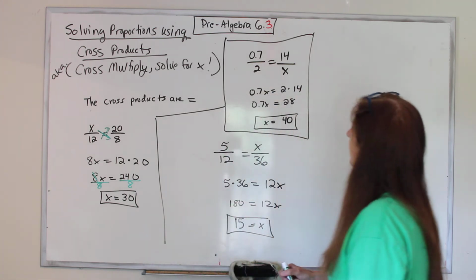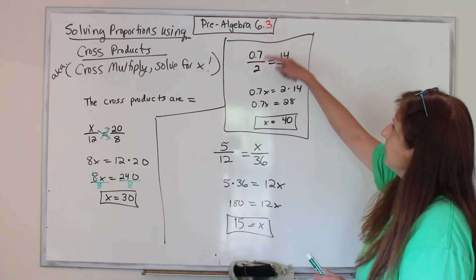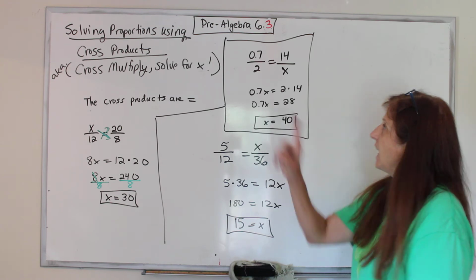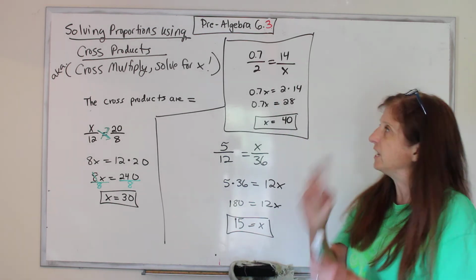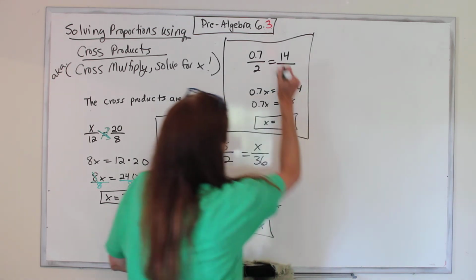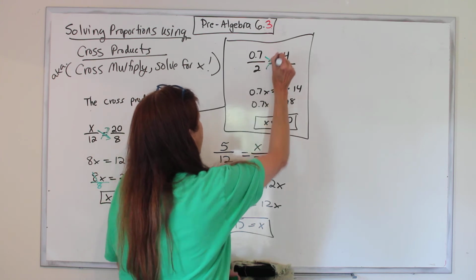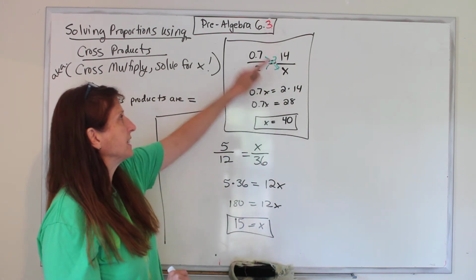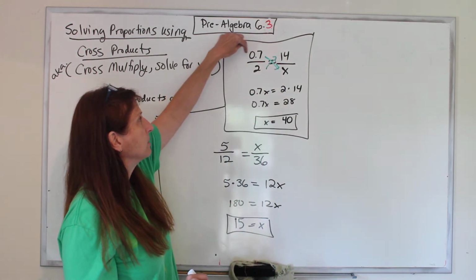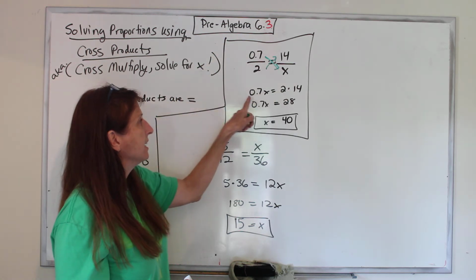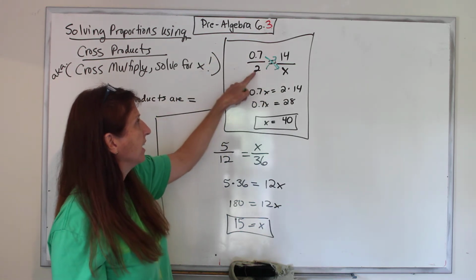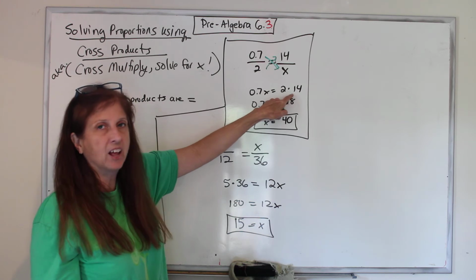All right, here's another one. Do I have fractions on both sides? Check. Are they connected with an equal? Check. What do I do next? Draw arrows. Okay, so now I multiply across the arrows. 0.7 times x is 0.7x, and 2 times 14 on the other side.